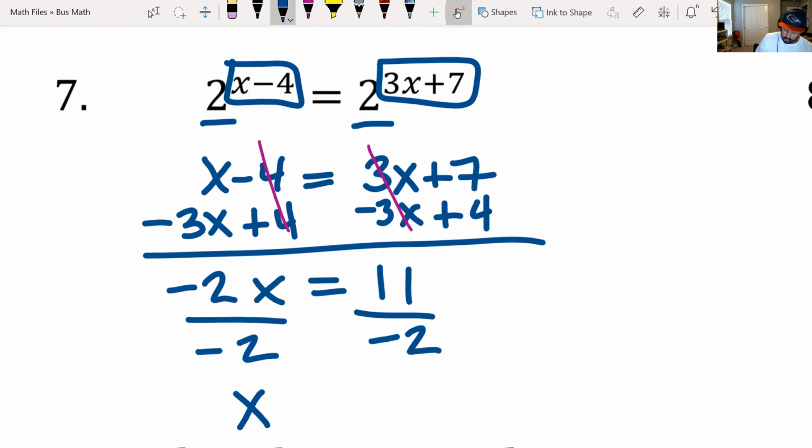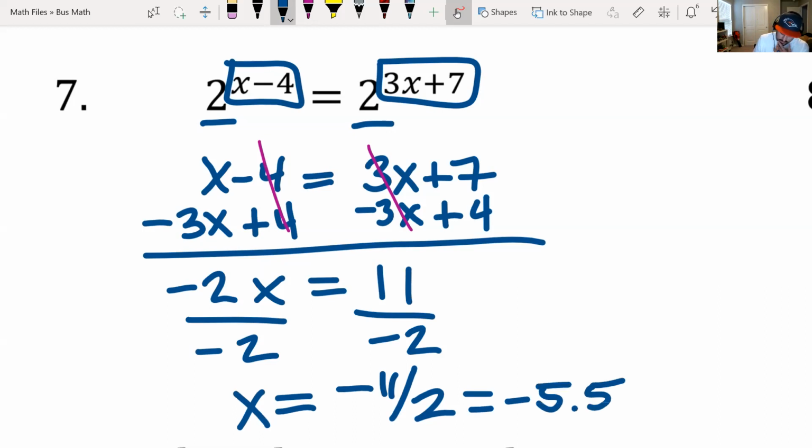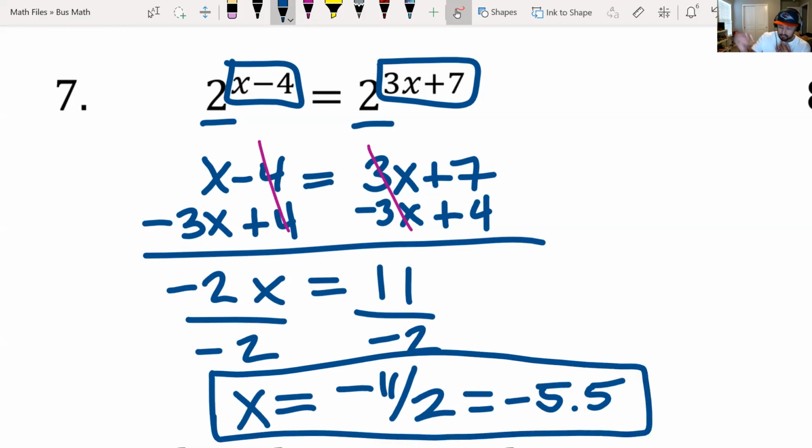And x equals negative 11 halves. And sure, since you're business majors, you could convert it to decimal if you wanted. 11 over 2, negative 5.5. There you go. That's it for that one.